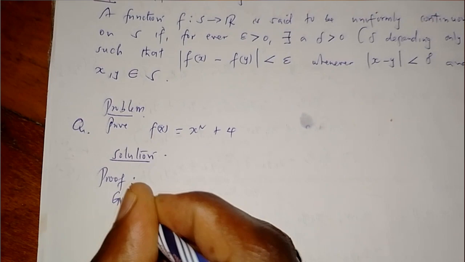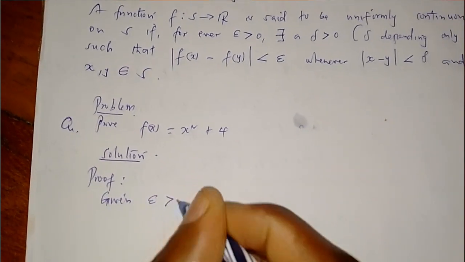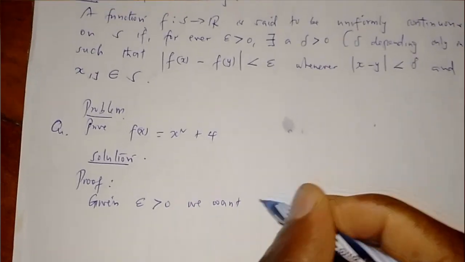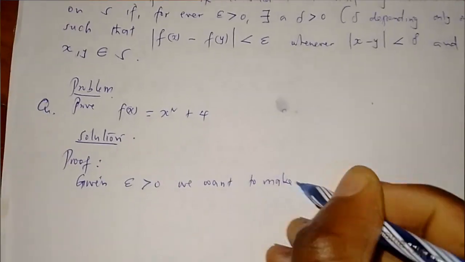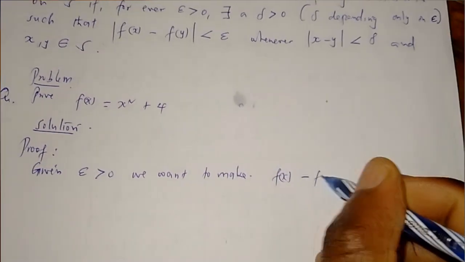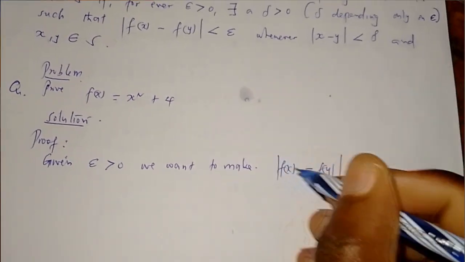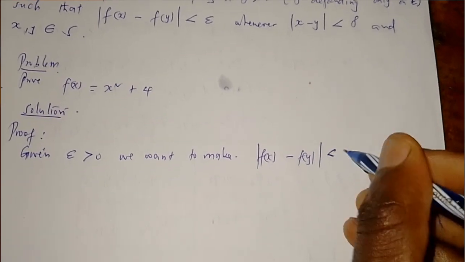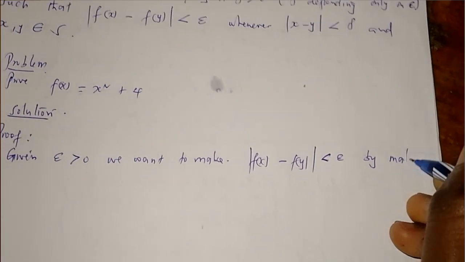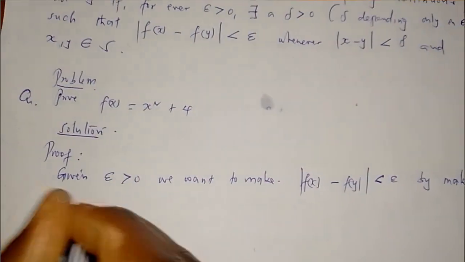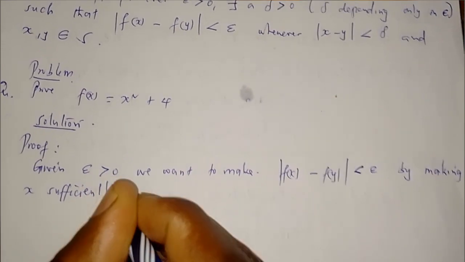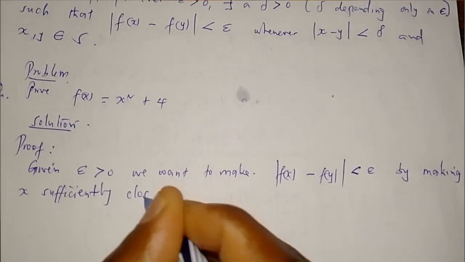Given that epsilon is greater than 0, we want to make |f(x) - f(y)| less than epsilon by making x sufficiently close to y.